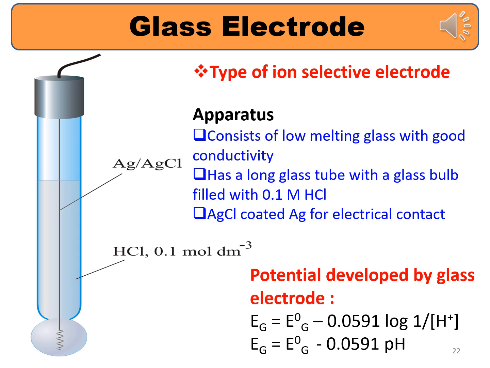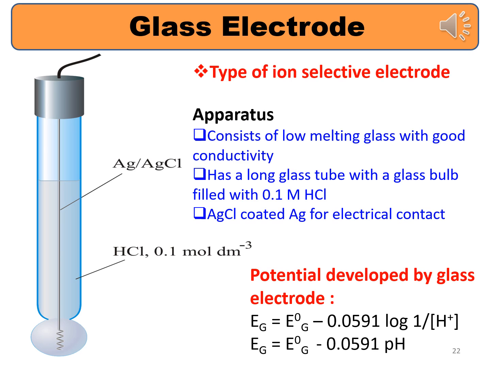Here, the glass membrane acts like an ion exchange resin and sets up an equilibrium between Na+ ions of the glass and H+ ions of the solution. Since the concentration of H+ ions inside the glass remains constant, when it is dipped in a solution of unknown pH, it becomes sensitive to the outside H+ ion concentration and develops the corresponding potential.